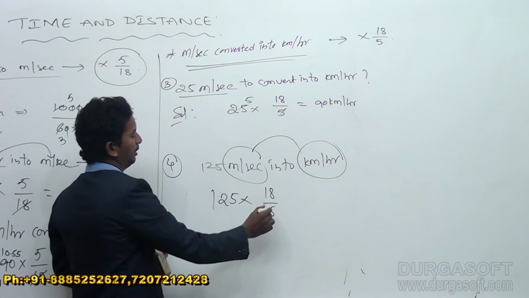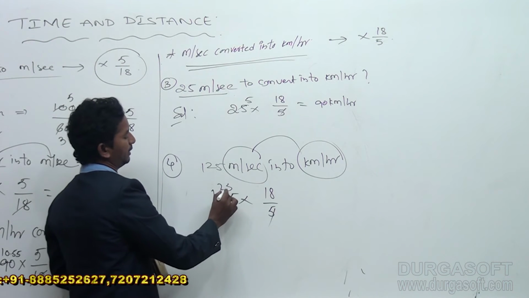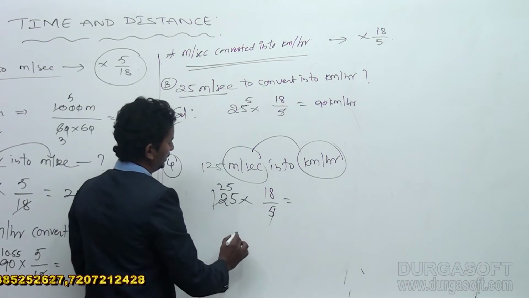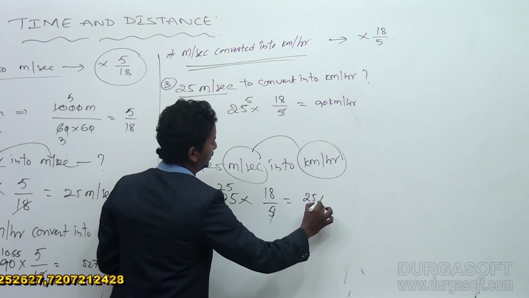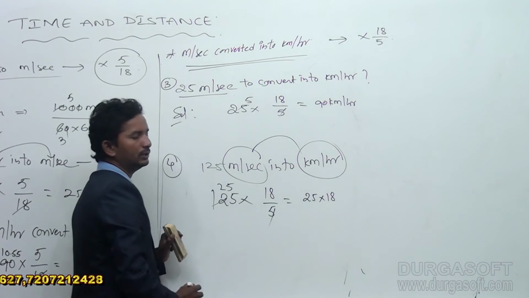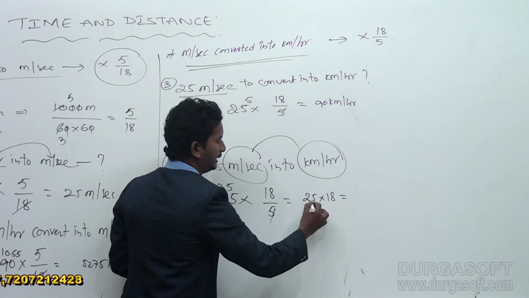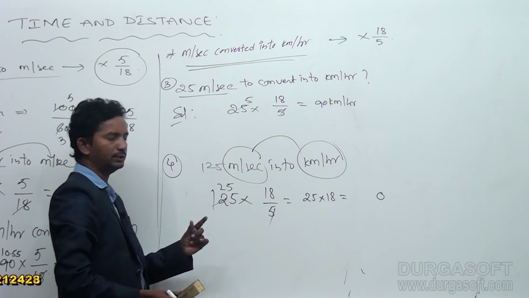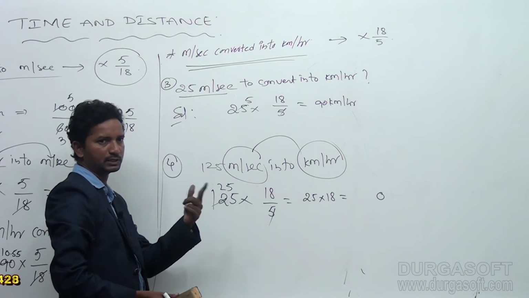Again 5 ones are 5, 5 twos are 10, 5 fives are 25. So 125 into 18 here. Shall I calculate it? 25 into 18. So here 18 into 90. So 18 fives are 90, 18 twos are 36, 36 plus 9.